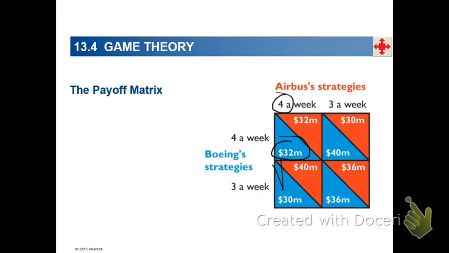When Airbus wants to produce 3 units per week, Boeing probably wants to produce 4 units per week, because that maximizes profit.